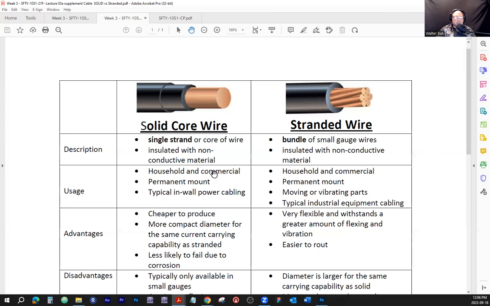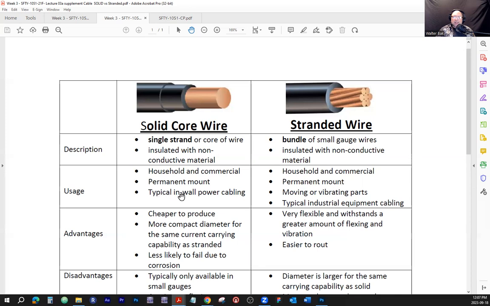Yes, except this one here is a little bit more expensive to produce, so it costs more. So within household and commercial, the solid core wire takes the preference. For permanently mounted installations, it can also be used.